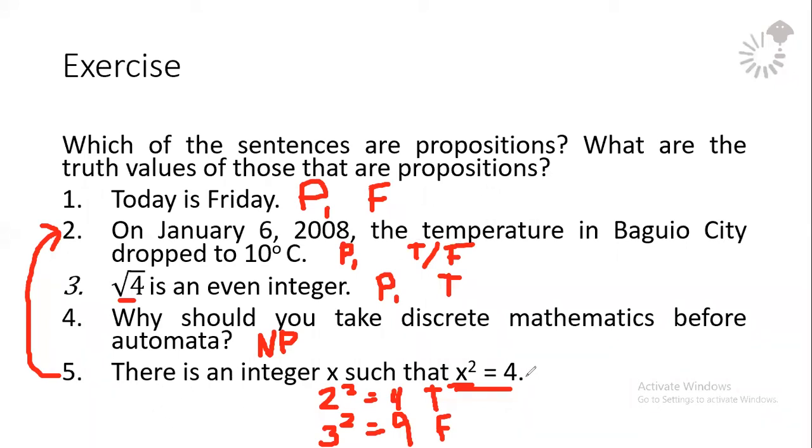Unlike this one, nagiging indefinite na true siya, indefinite na false, depending on the value of x, making this not a proposition. And all other algebraic expressions, kasi dapat definite yung truth value. Hindi pa iba-iba kasi unknown yung value ng variable. Follow? Yeah. Okay, next.